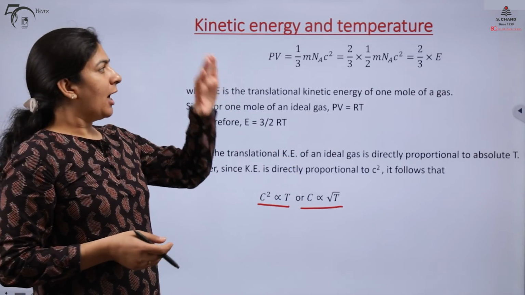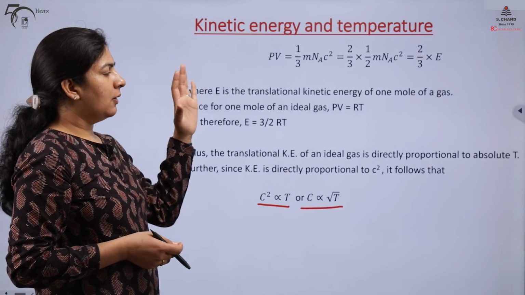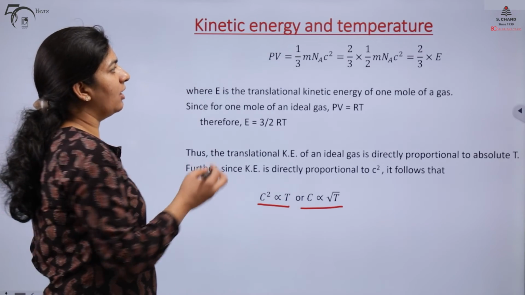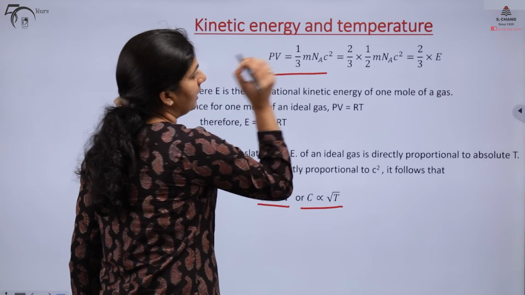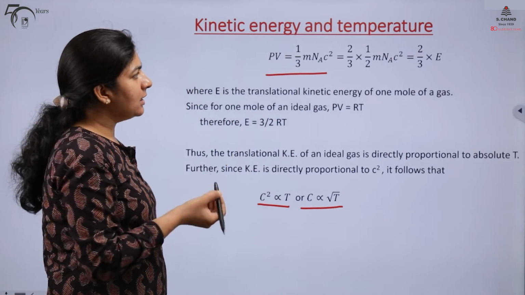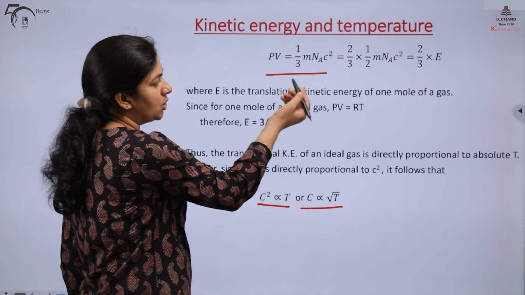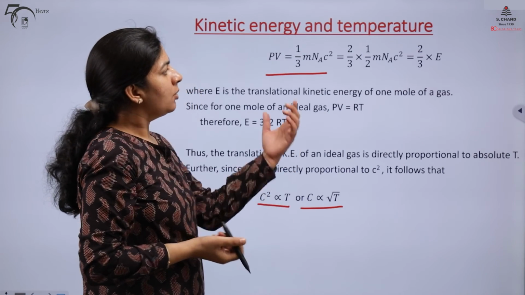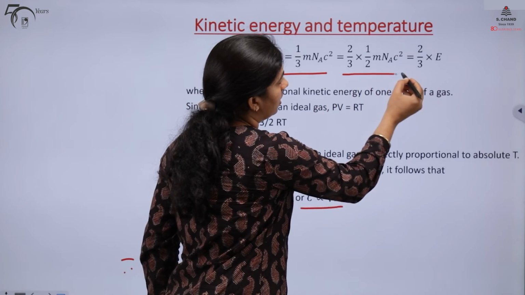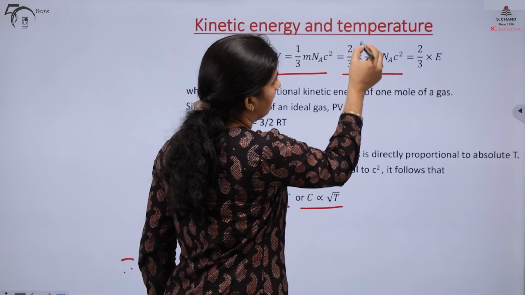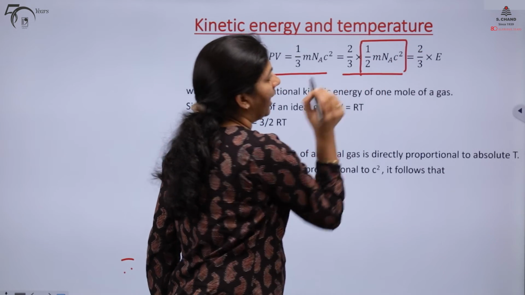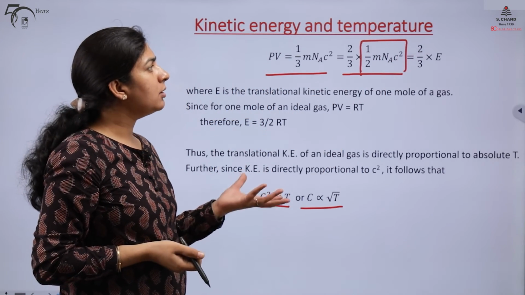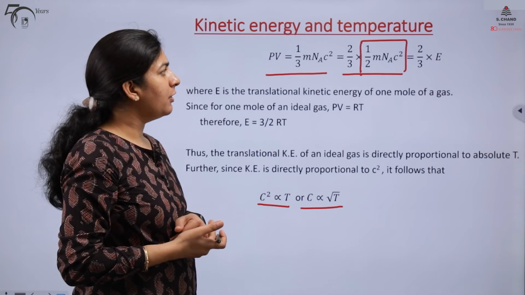So again go back to the previous lecture where we had derived this kinetic gas equation. In this kinetic gas equation, if I multiply by 2 here, divide by 2 here, we would be getting this expression, and this is nothing but the kinetic energy for 1 mole of a gas.